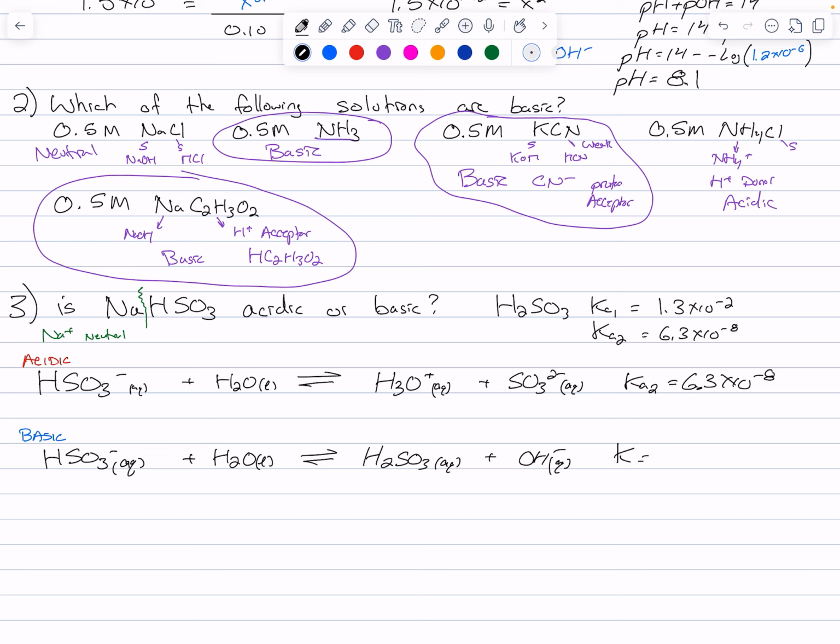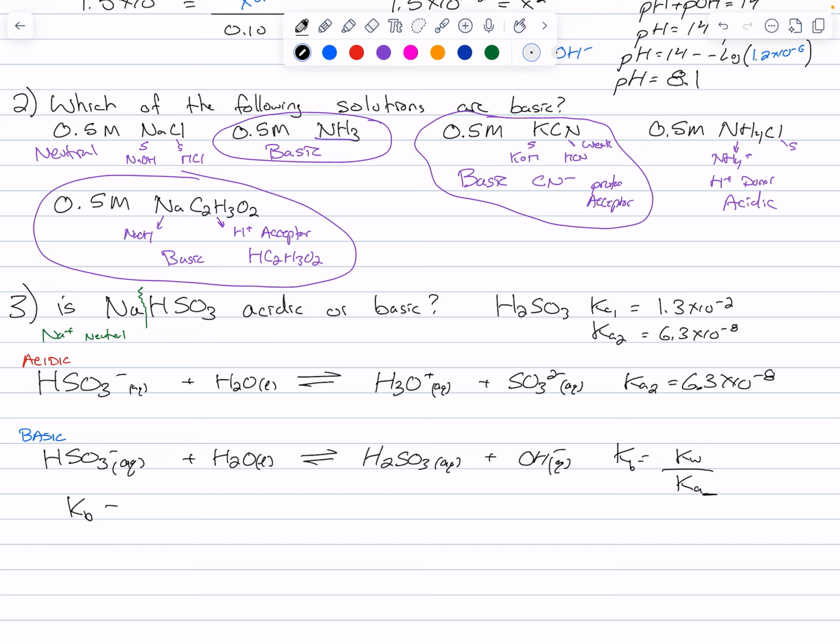Because we need to compare the value now. My recommendation at this point is to write the Kb expression, because which one of these two K values would we use to calculate this K? Because this Kb is going to be equal to Kw over one of the Kas. Which one? Is it Ka2 or Ka1? That makes a big difference.